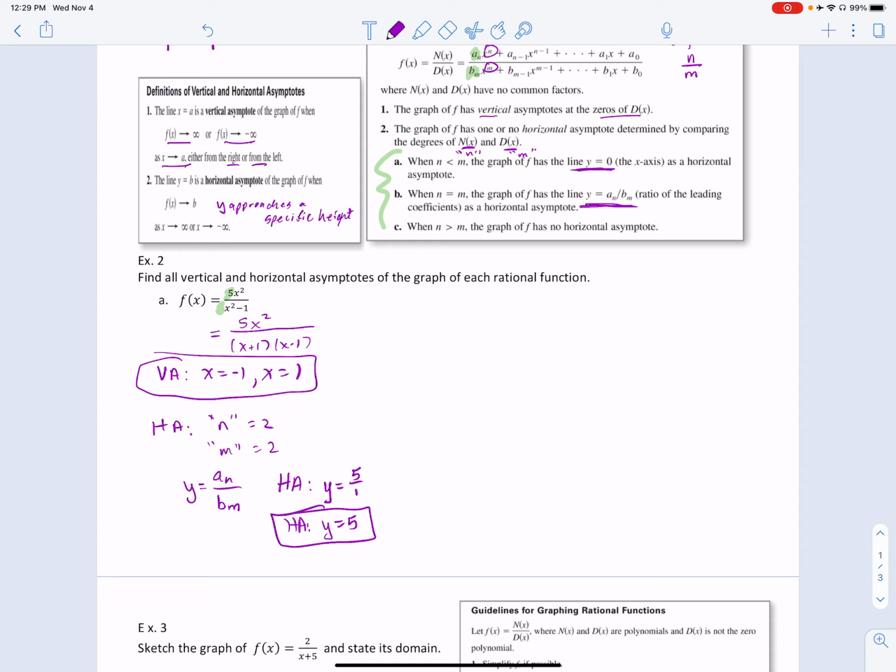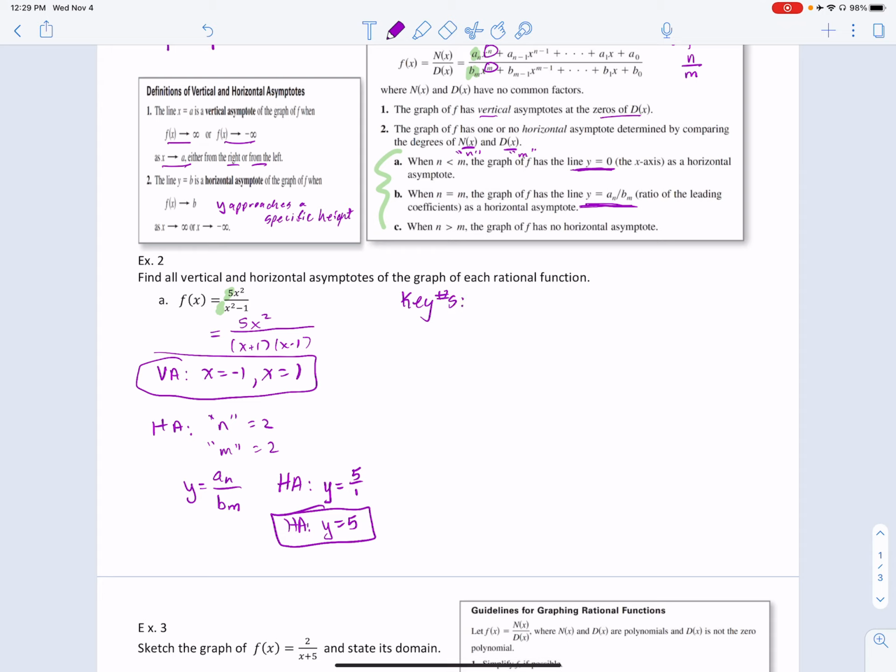And so then we are going to graph this. You're going to need to figure out the domain and zeros. So we're going to look at what we call key numbers.